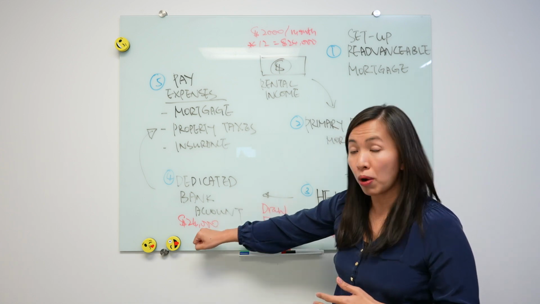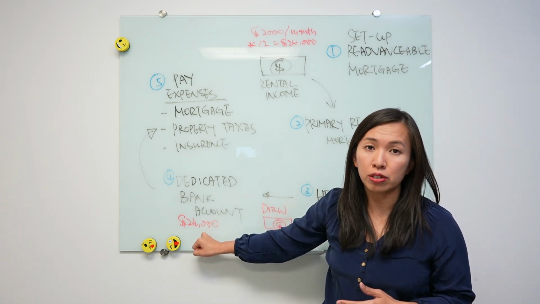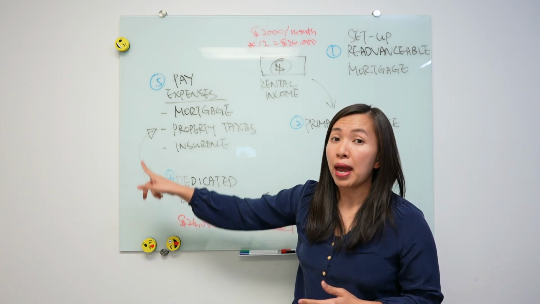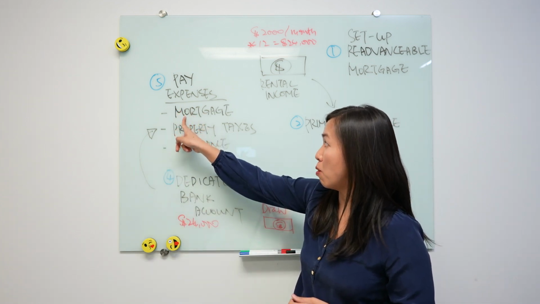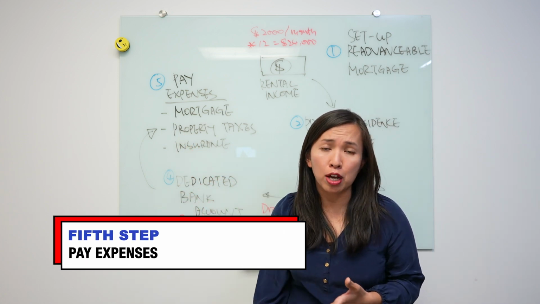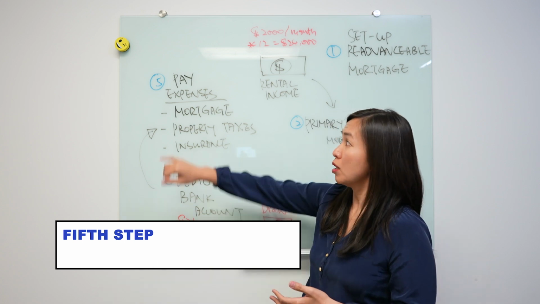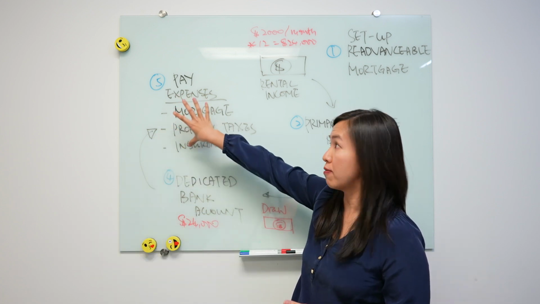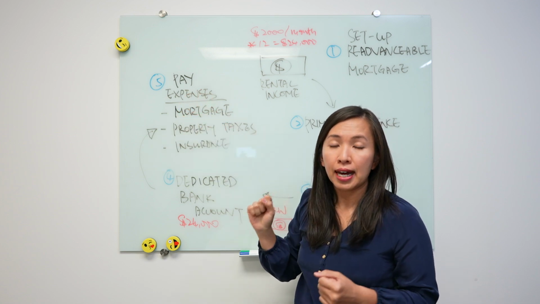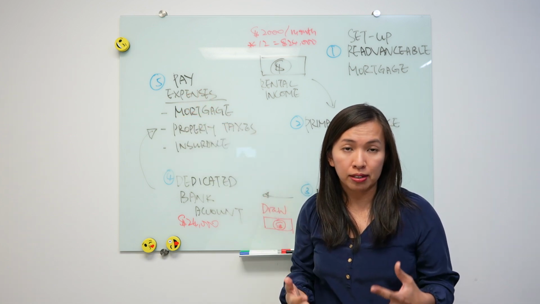So you put the $24,000 in my example into a dedicated bank account, and you use the funds to pay for all your expenses: the mortgage, the property tax, the insurance, the repairs and maintenance, property management fee, advertising fee. You use that fund to pay for the expenses of the property. And that is how you would be able to get a bigger deduction.